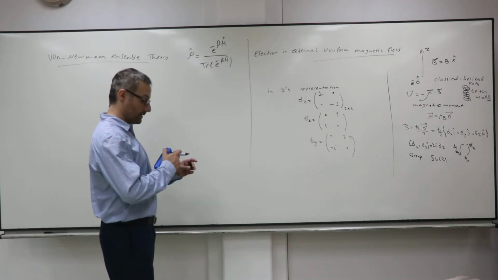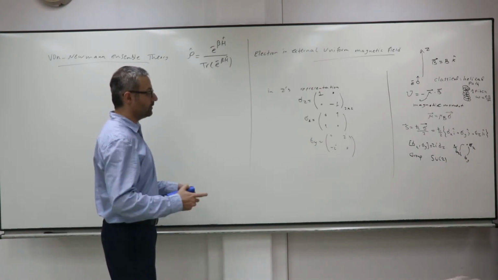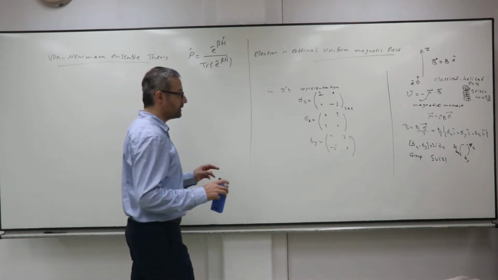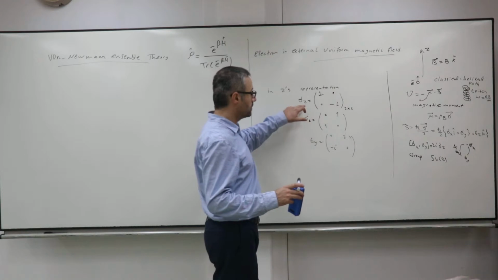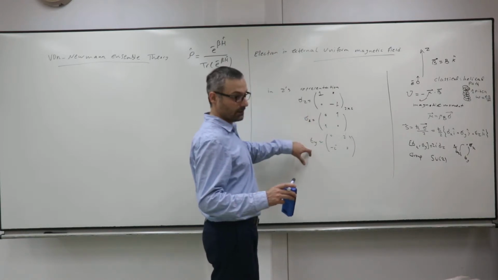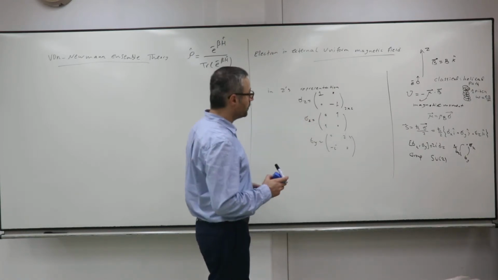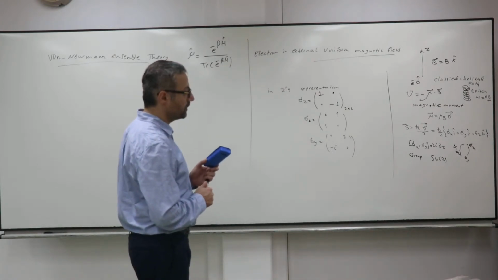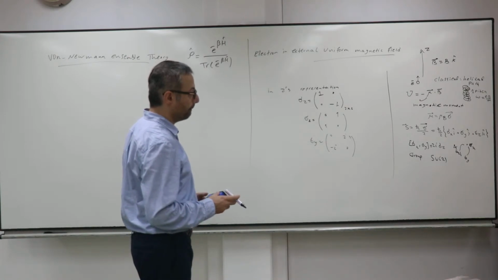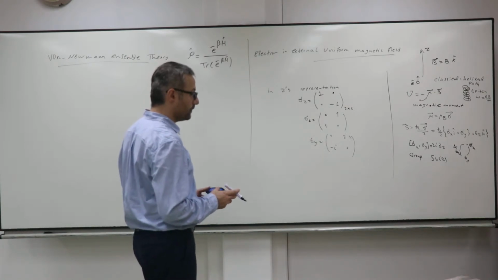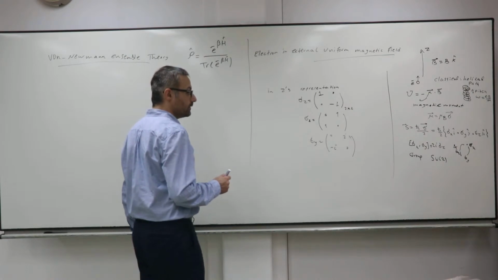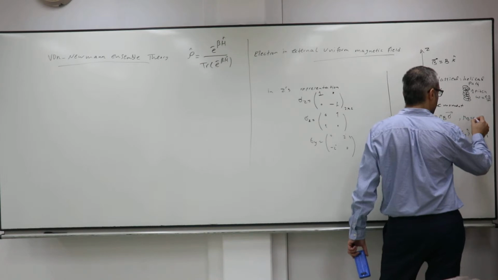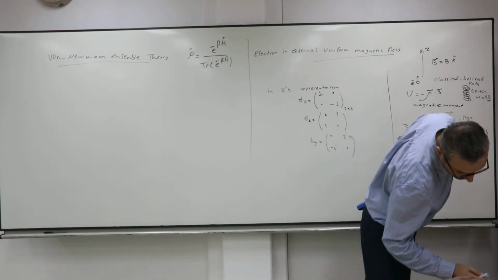But this is one representation. If you change your basis, I mean, if you want to write the matrices in the form where sigma x is diagonal, the forms of sigma z and sigma y will change. But we write in the z representation. This is the z representation of our matrix form. So this mu_B, the magnetic moment of the electron, is e h bar over 2m.